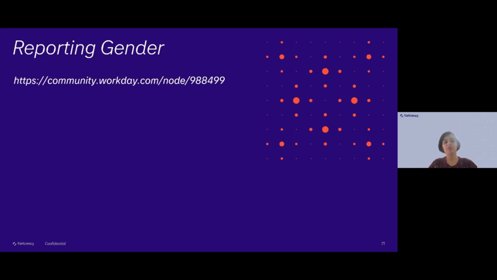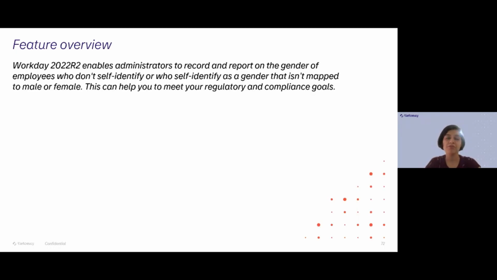Now, the next feature about reporting gender, this is again to do with the compliance requirement from different governments, where sometimes workers do not report their gender, when their gender is in an undeclared value in the tenant, the admins can then utilize this new field, reporting gender, to record and report on the gender of the employees.